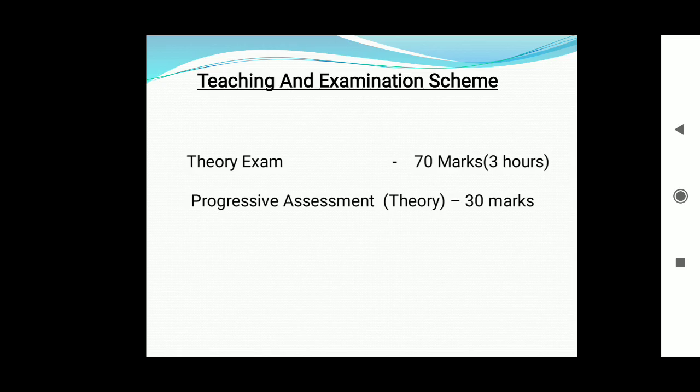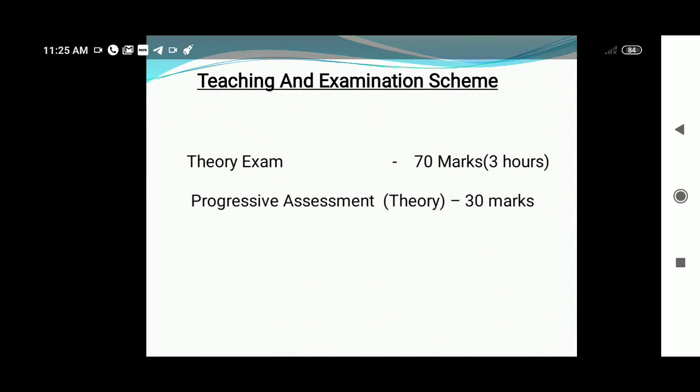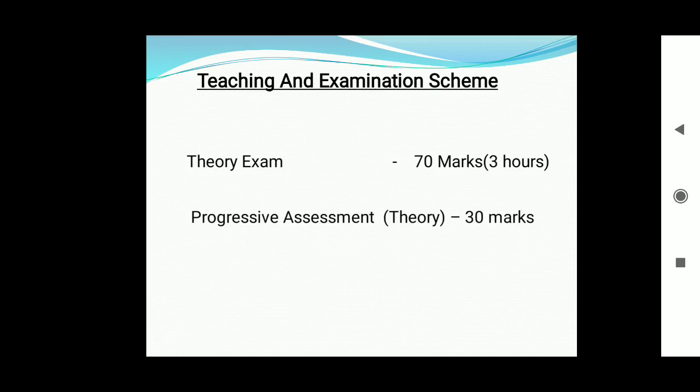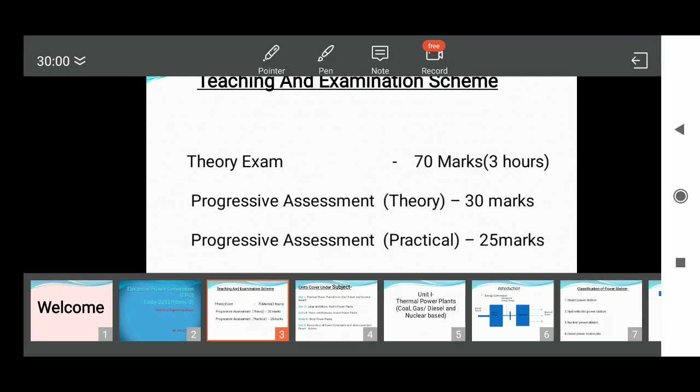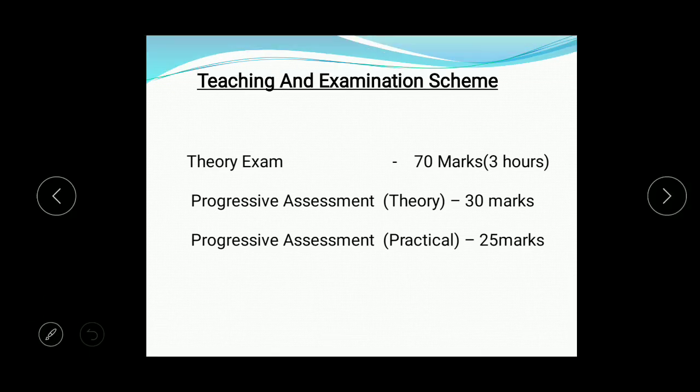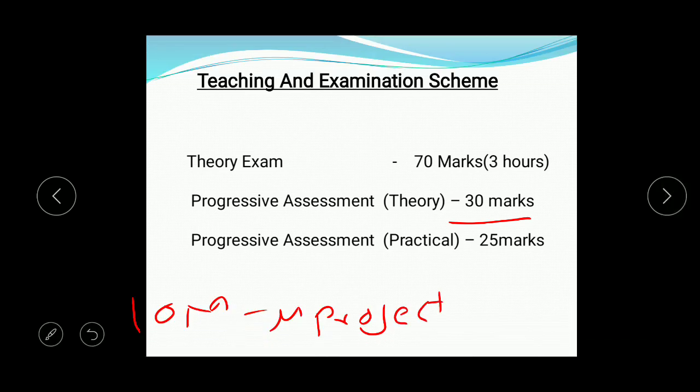In the 30 marks, 10 marks are for the micro project, plus 20 marks for unit test first and unit test second.